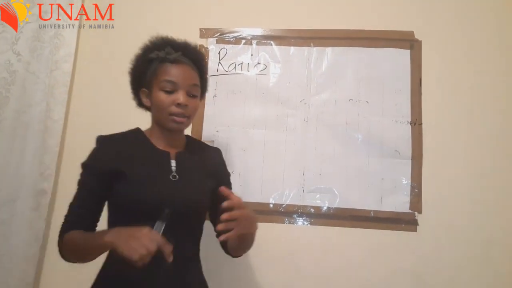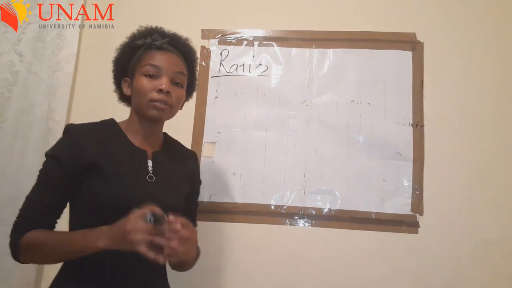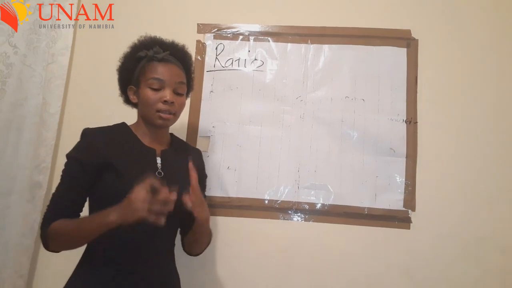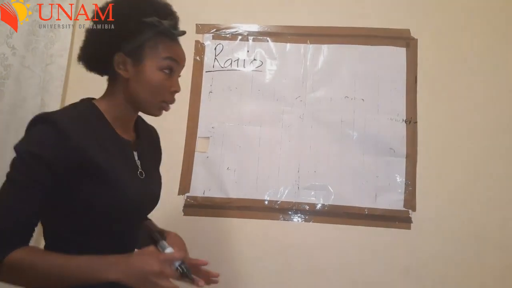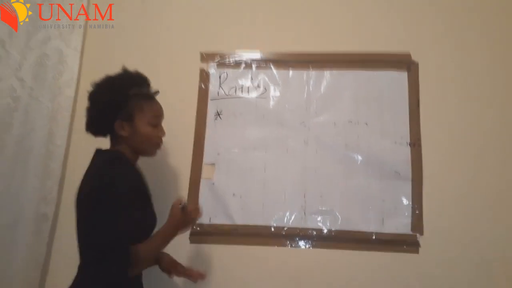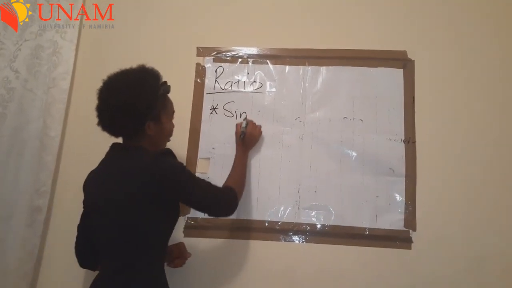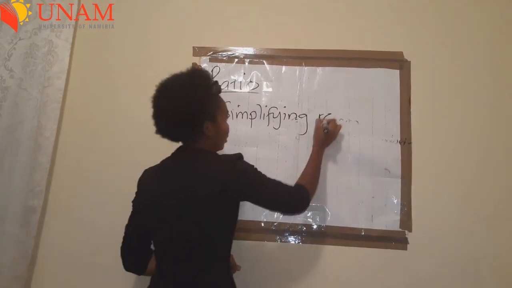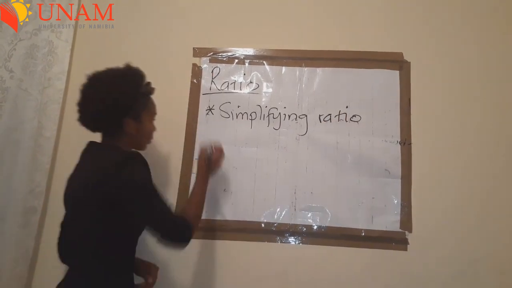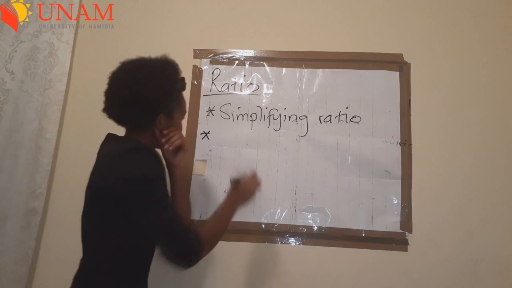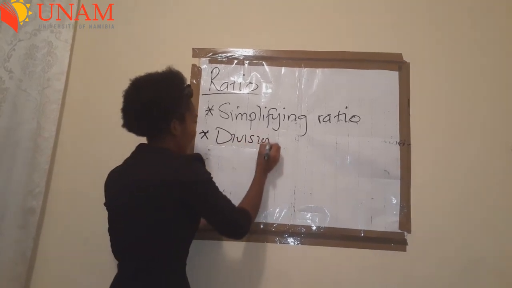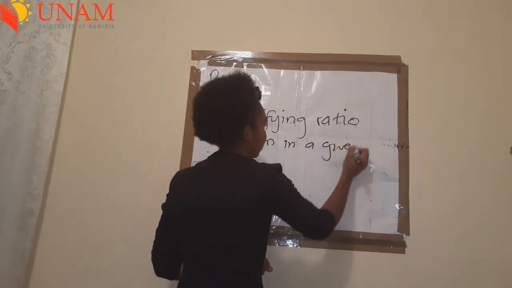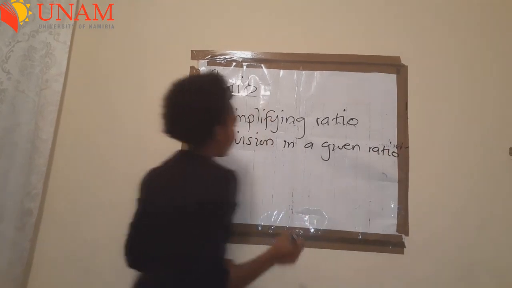There are different calculations involved in the topic of ratio. The first one is simplifying ratio. The second one is division in a given ratio.